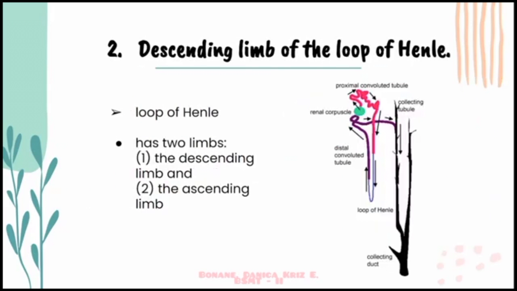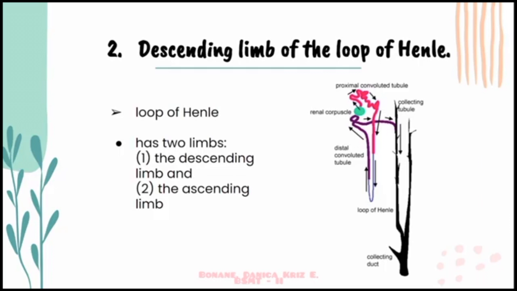The second section is the descending limb of the loop of Henle. Every loop of Henle has two limbs, the descending limb and the ascending limb. The two limbs both have a thick and thin portion. The first part of the descending limb is similar in structure to the proximal convoluted tubule.